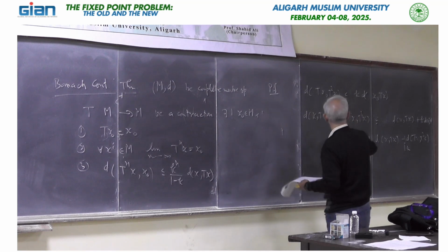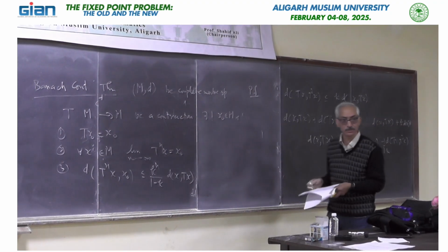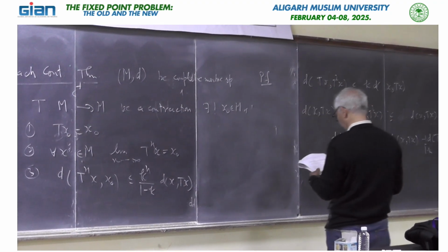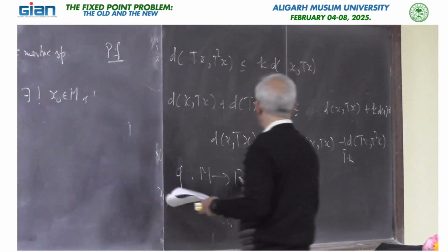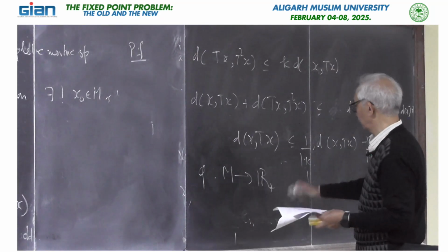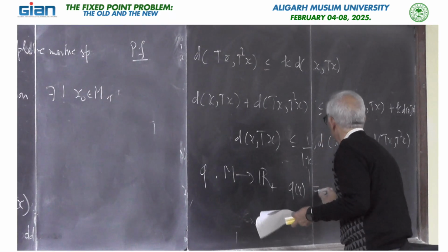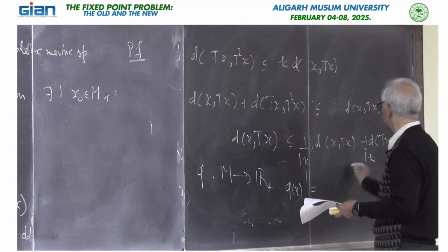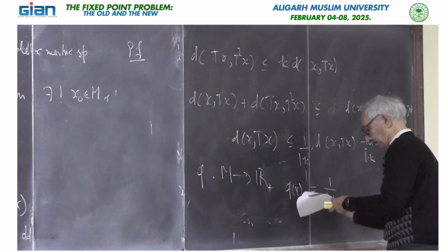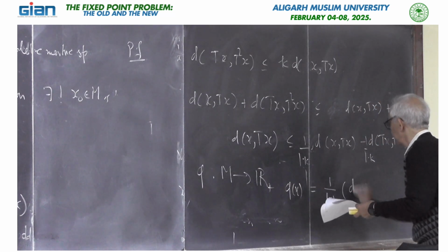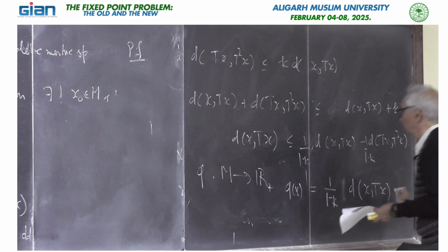Of course, you do not need this kind of calculation, you can do it directly without that, but since we will need that kind of function later on also, we define a function phi from M to R plus, the non-negative reals, by phi of x equal to 1 over 1 minus k times d of x, Tx.